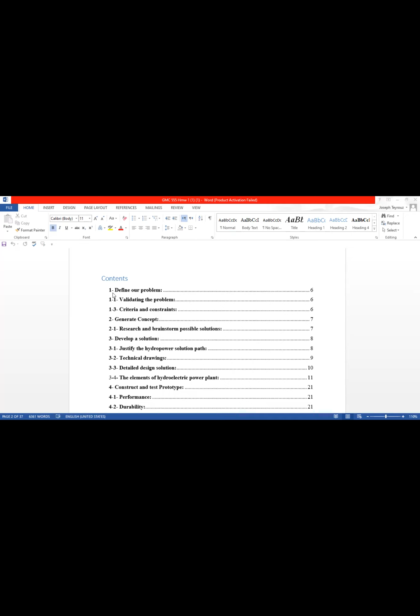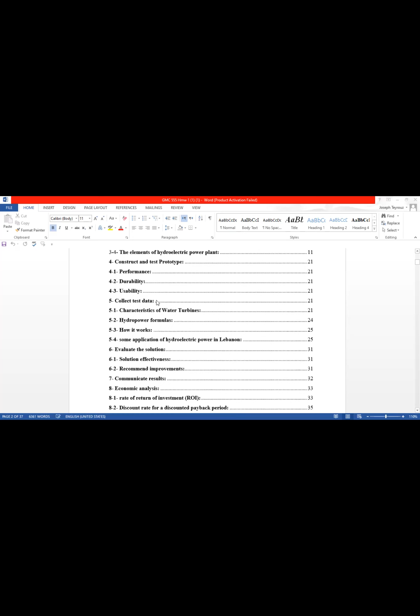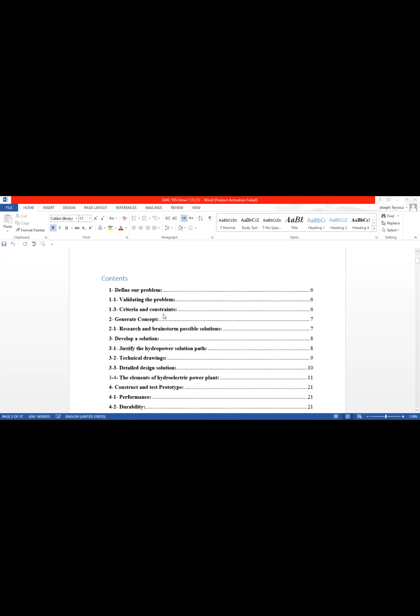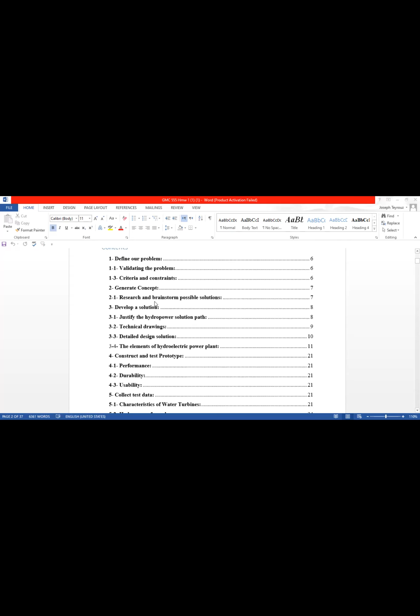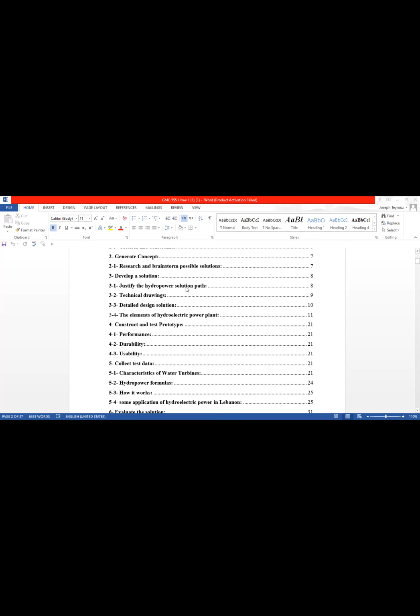Okay, doctor, can you hear me? Yes. Okay. First we're going to define our problem. This is our table of contents. Then we're going to validate it. What are the criteria and constraints? Generate concepts. Then we do our research and brainstorm possible solutions. We develop the solution. We'll justify why we chose the hydropower solution path using technical drawings and a detailed design solution.